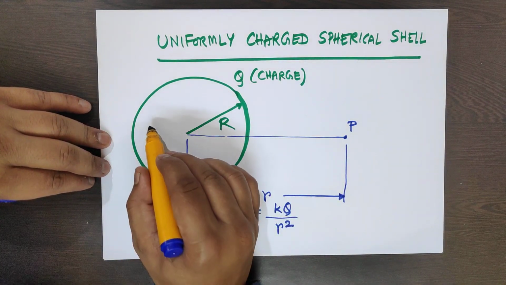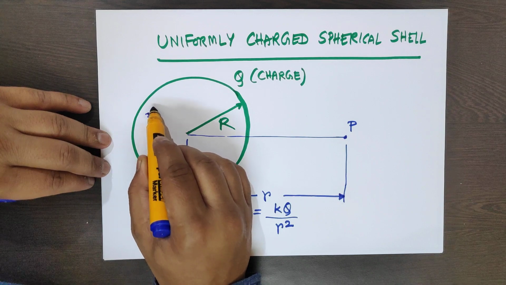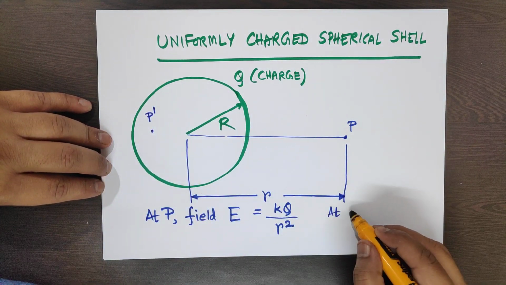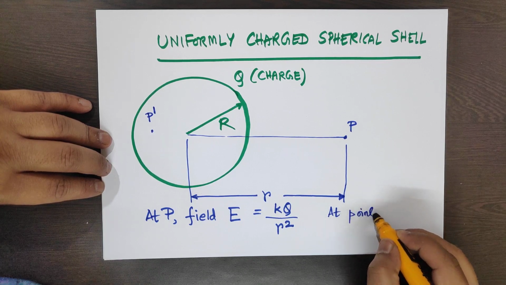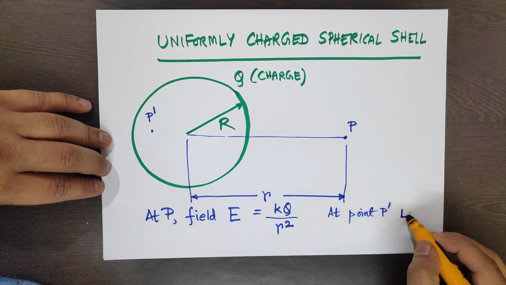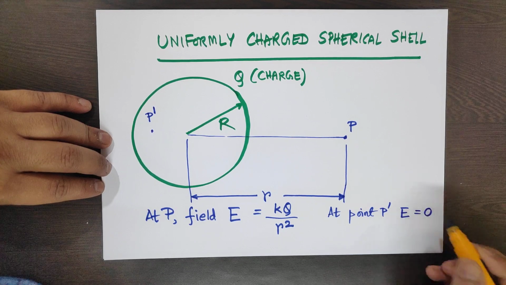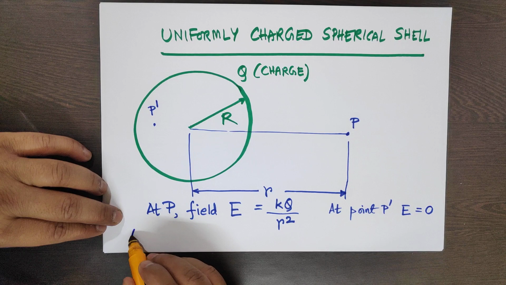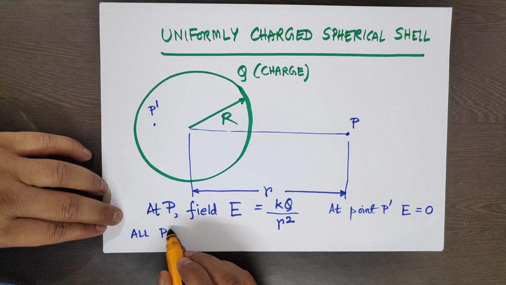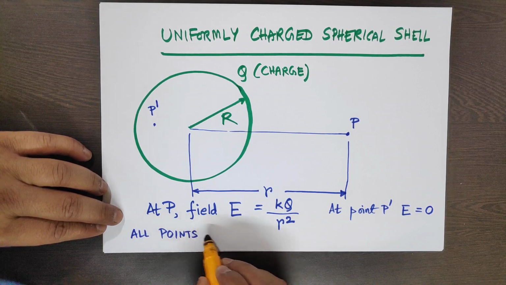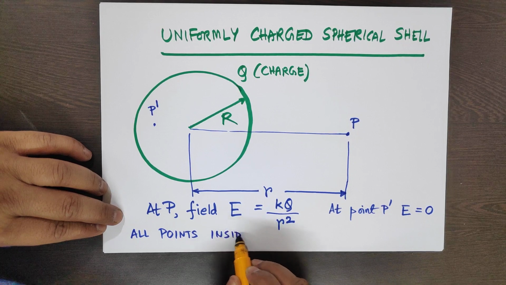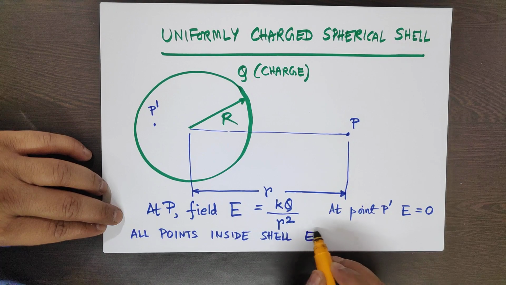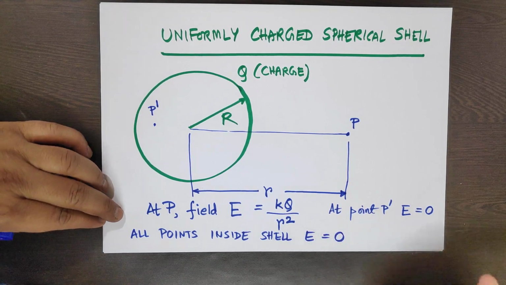And for any point inside, say you have a point P dash inside, at P dash the electric field will have value 0. Similarly, at all points inside the shell, the electric field has value 0.